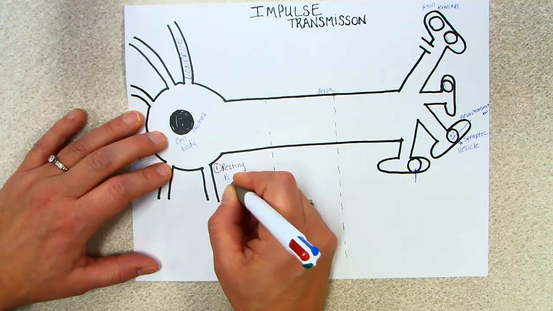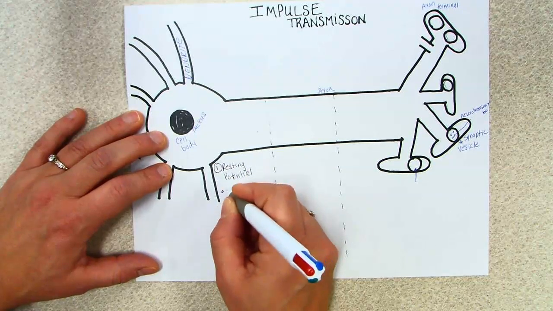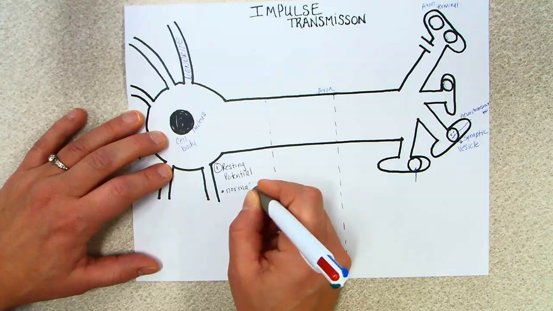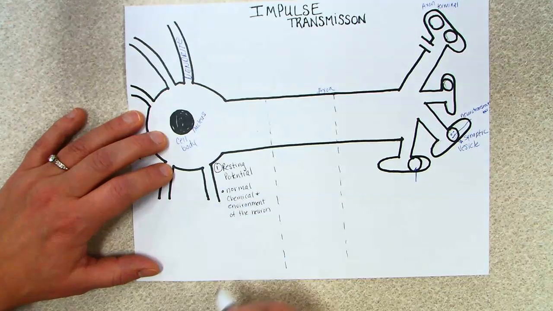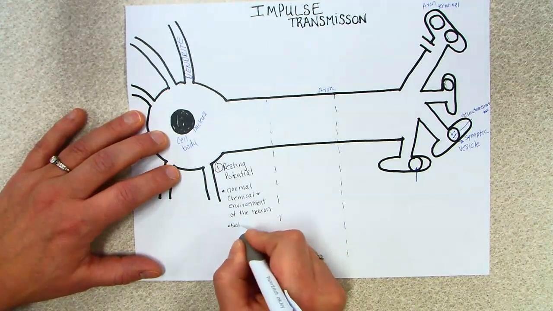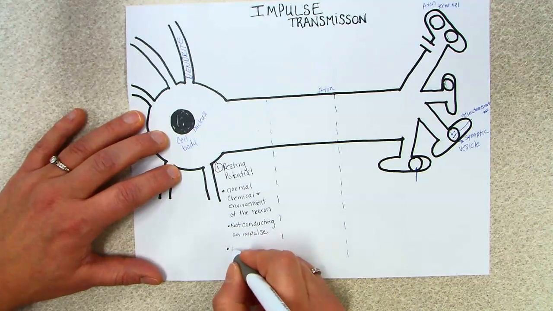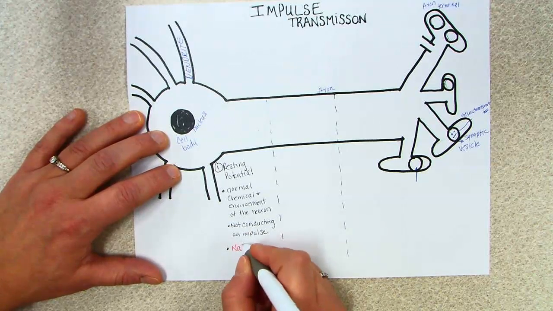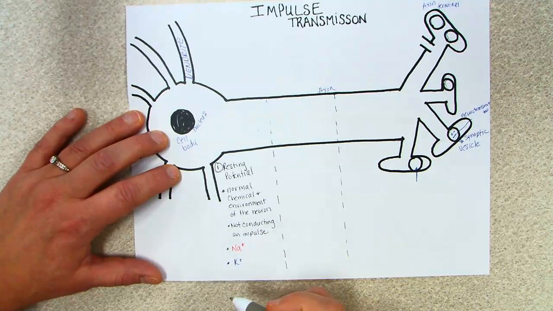The resting potential is the normal chemical and electrical environment of the neuron, when it is not conducting an impulse. In this normal environment, we are going to focus on 2 ions: sodium, and potassium.